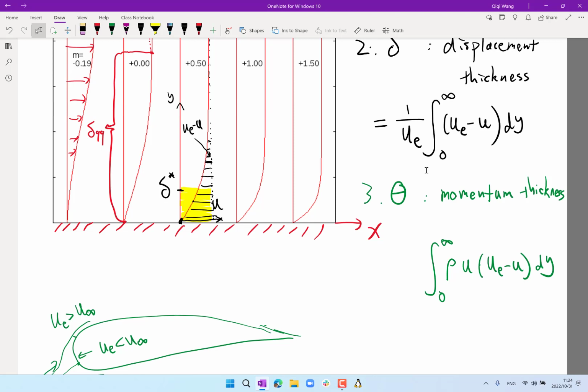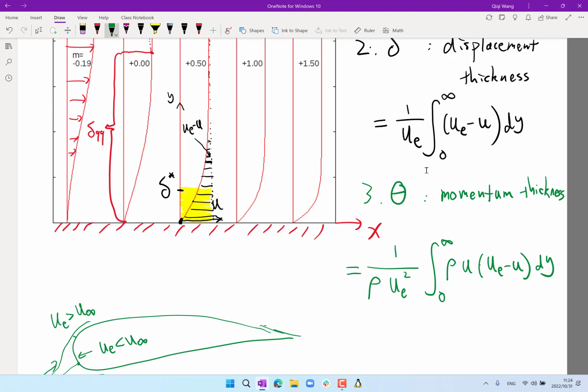That's what's called the momentum defect. To make it a thickness, what's the unit of this? The unit is density times velocity squared times a distance. To make it a distance, we need to divide by something proportional to rho u squared, and we just use the most convenient one possible, rho times UE squared.